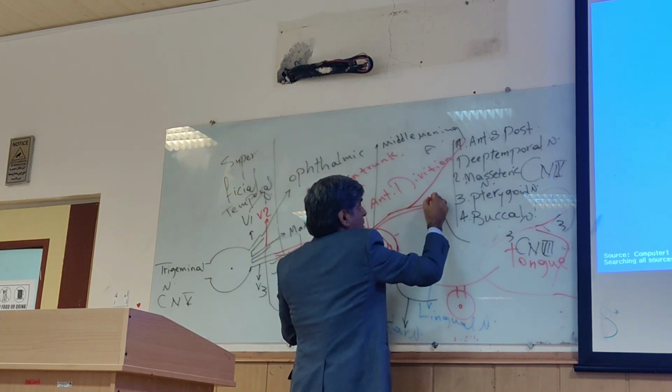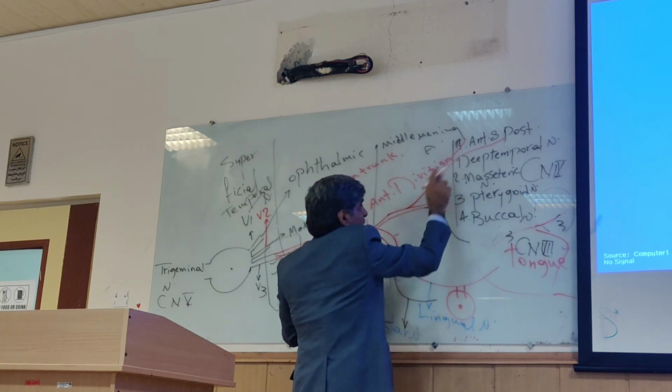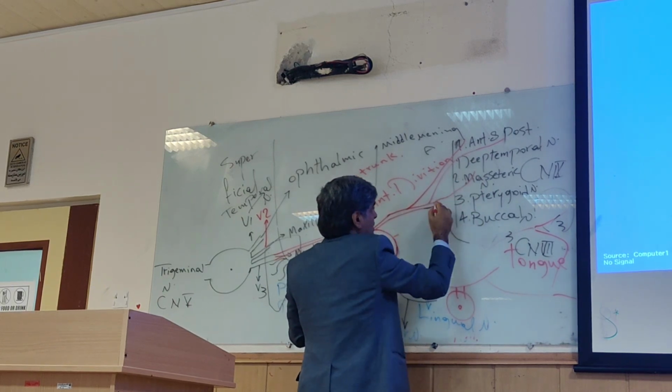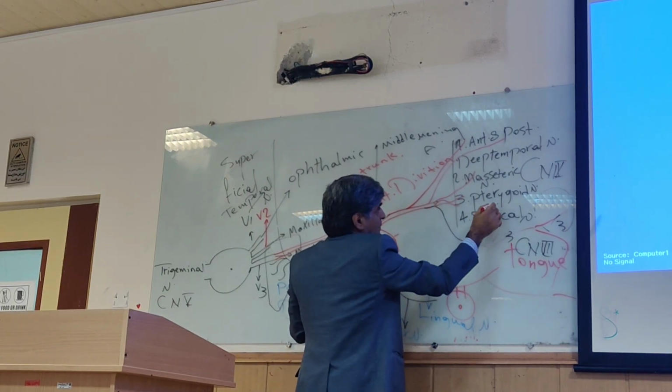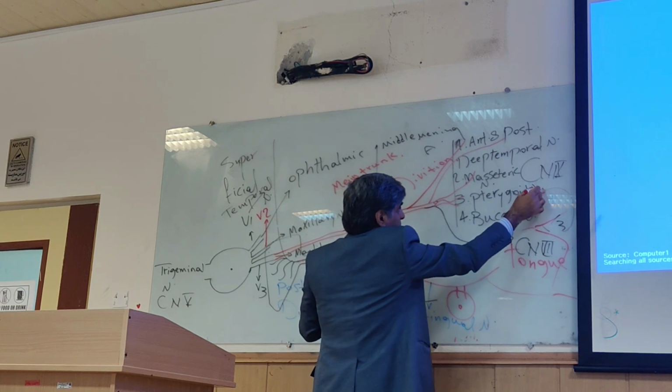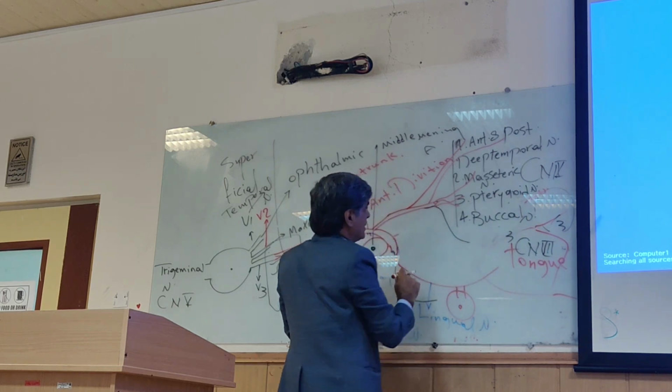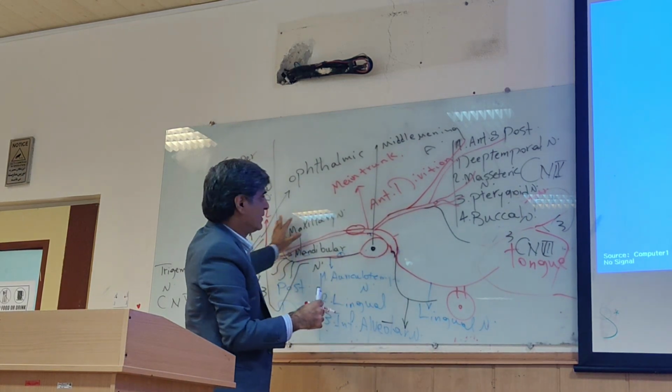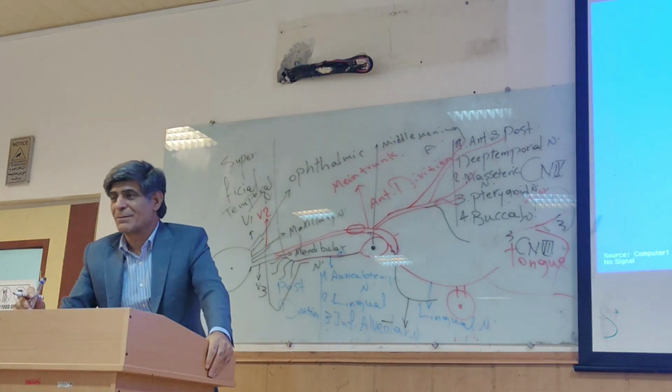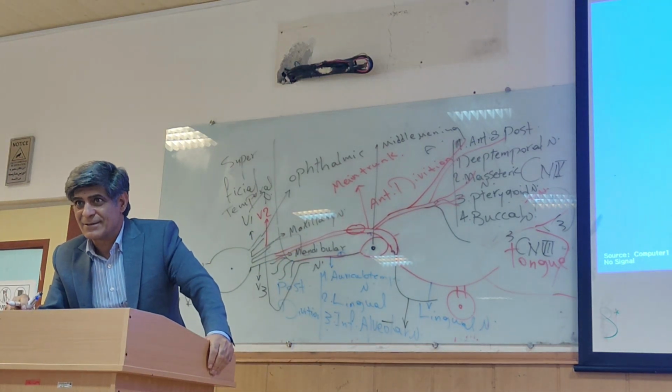Anterior and posterior deep temporal, masseteric, and pterygoid nerves, okay? All are branches of the mandibular nerve.